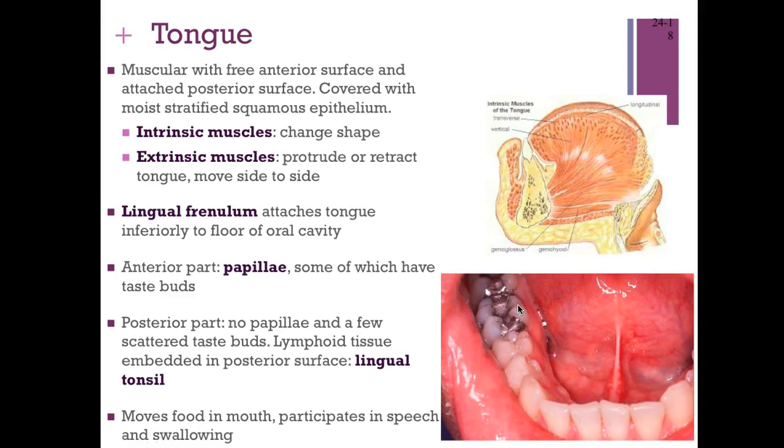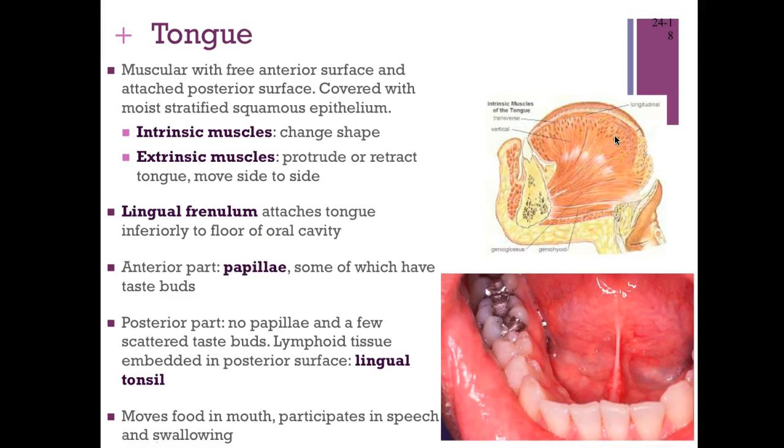So when we look at your tongue, we see that it is very muscular and it has a free anterior surface. Of course, it is attached posteriorly, and this is covered with moist stratified squamous epithelium. We have two different classifications for these muscles. We have our intrinsic muscles that are going to change the shape of the tongue.